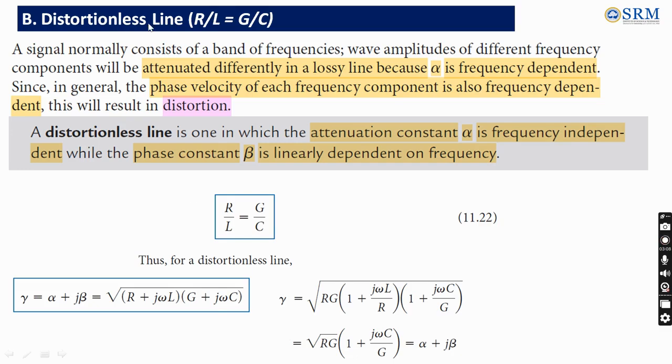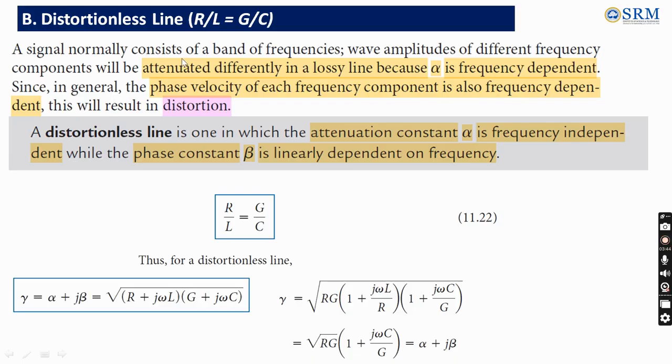Now let us see about the distortionless line, where the condition is R by L is equal to G by C. Before going into that, we should know what distortion is. Normally, a signal consists of a band of frequencies. The wave amplitude of different frequency components will get attenuated differently in a lossy line, because attenuation is a frequency dependent parameter, and the phase velocity of each frequency component is also frequency dependent.